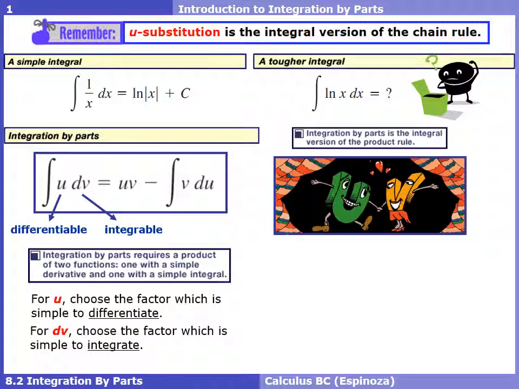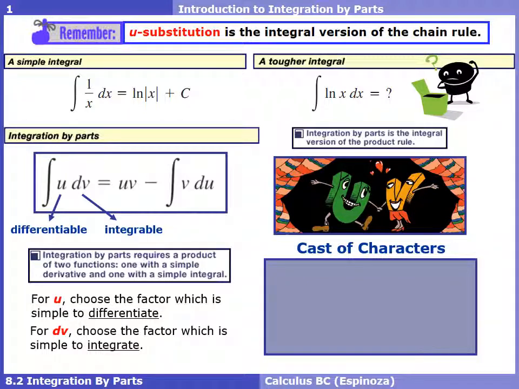So our u-box is going to grow in size, and I'm going to call it this cast of characters. There are several characters that need to be addressed so that we can apply this integration by parts formula right here.